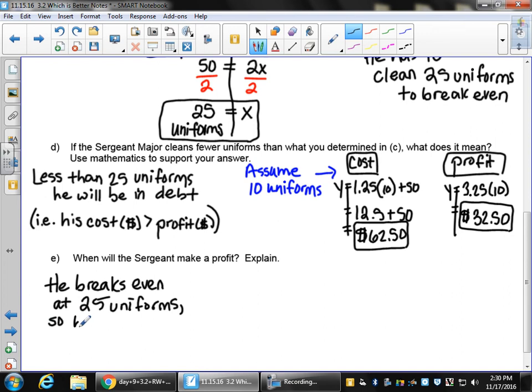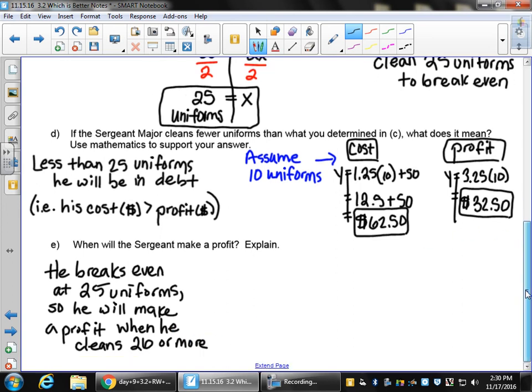So he will make a profit when he cleans 26 or more uniforms.